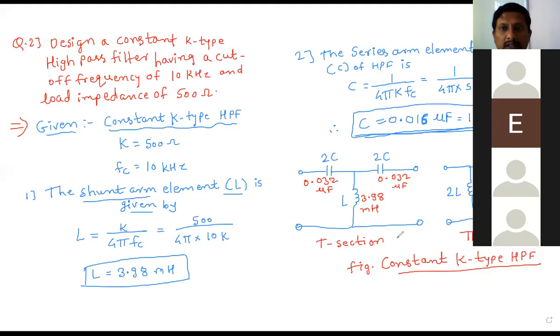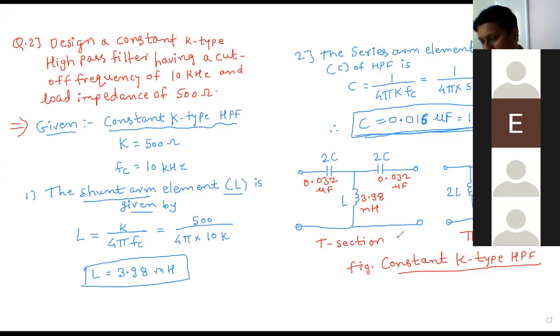From today's two examples we have covered, and we have completed the constant K type high pass filter today. In the next lecture, we are going to discuss the next filter, that is the band pass filter. So there is one derivation. That derivation is important because the derivation is asked in the university question paper.